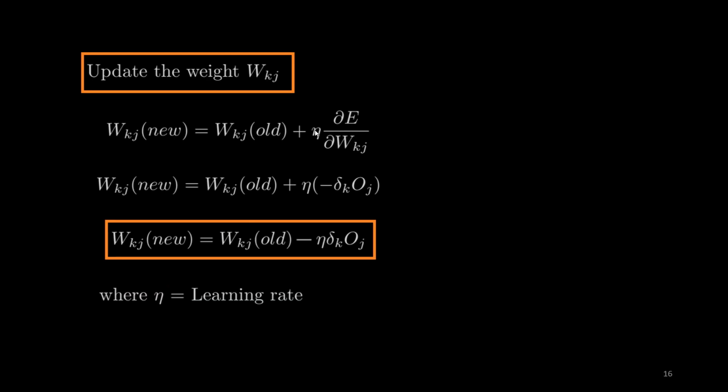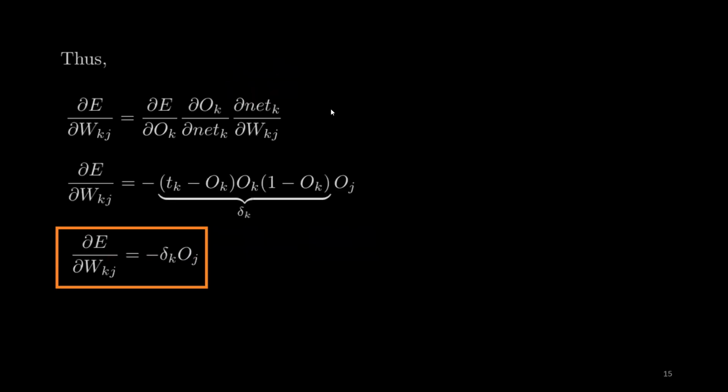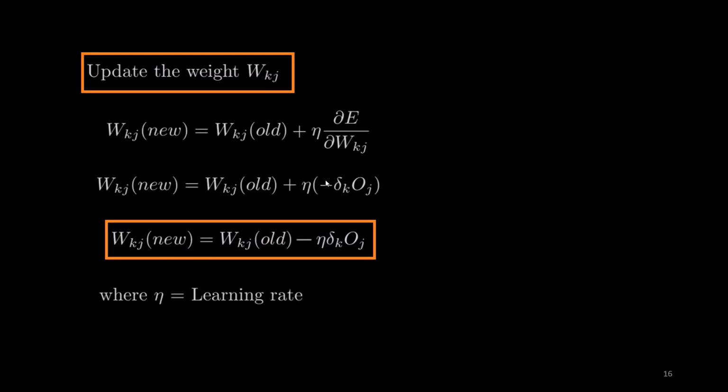So here eta, this symbol which is eta, is known as the learning rate. Now it's time to put the values. So this is eta, and we have just calculated this in the previous slide. It is minus delta k oj. So put here minus delta k oj. So plus minus becomes minus, and this will be our value of the update. So that is our old weight, and that is our new weight, which is updated by this value.